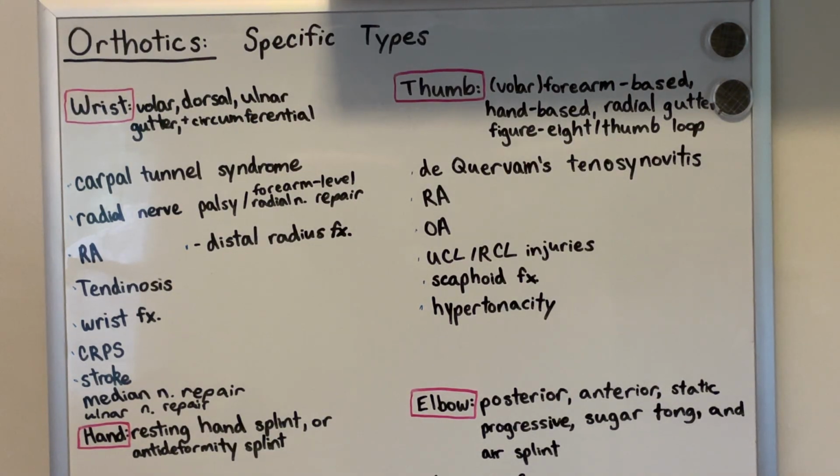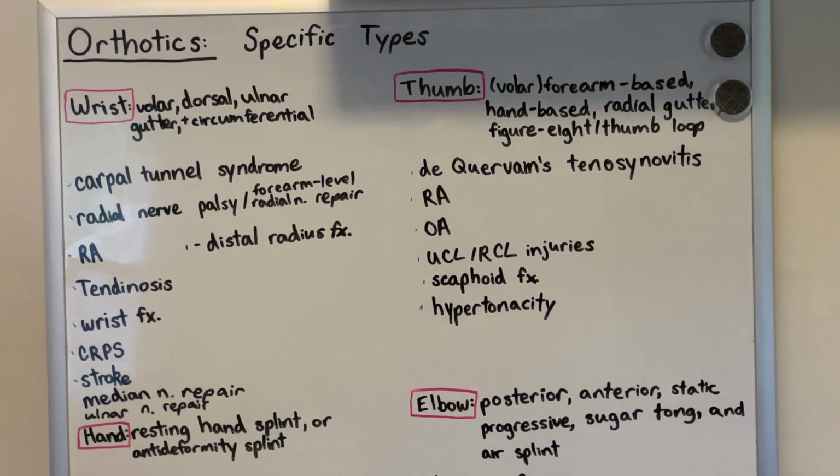So, to go ahead and get started, I have this whiteboard split up into 6 different joints and or body parts. So there's wrist, thumb, hand, elbow, finger, and the shoulder. And right next to each joint or body part has general types of orthotics that you may see to help stabilize or mobilize the wrist, for example, or that body part or joint.